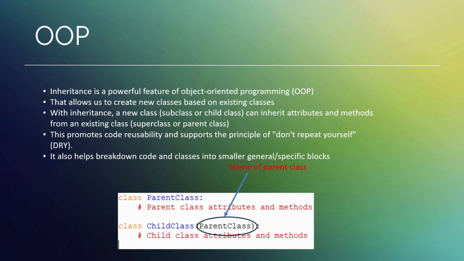Okay, so what it does is that it promotes code reusability and the concept of not repeating yourself. You will see once we start doing this, and it also helps us to break down our code into smaller blocks or combine them into bigger general blocks. Okay, one example of this could be that you have a class called vehicle.